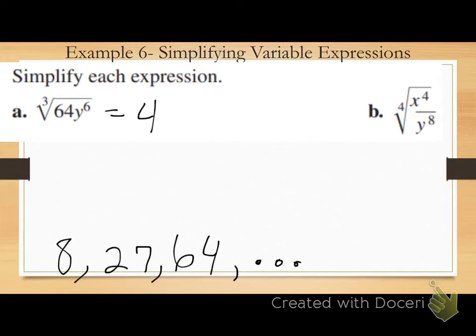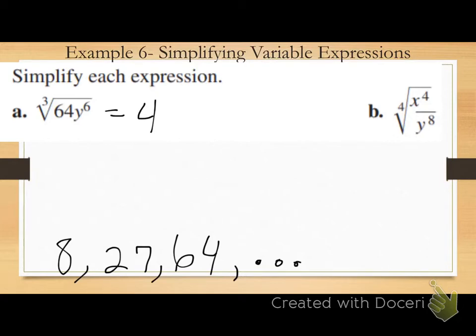All right, now I have y to the 6th. The cube root of y to the 6th. Does anyone remember my little trick that I taught y'all on how we can simplify a variable that has an exponent, taking the root of it? I could break down the y's. There is a little bit of a shortcut though.